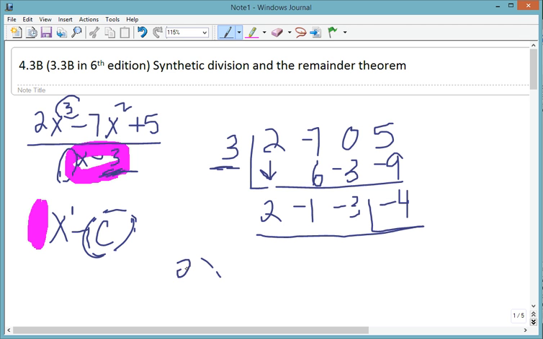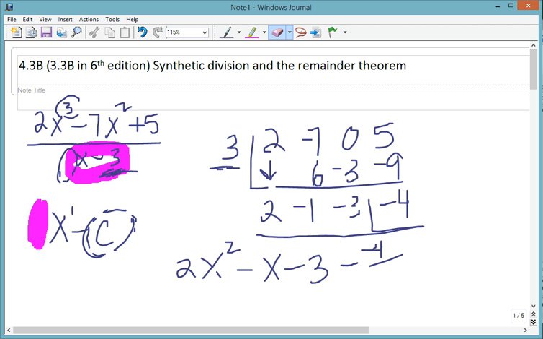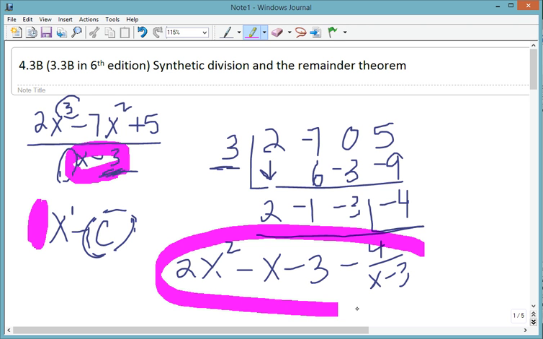It would have been 2x squared, 1 degree less than what I started with, minus 1 times x, minus 3, and then I could take my remainder and write it as a fraction with my original divisor, which is x minus 3. So this is what my whole answer would look like.